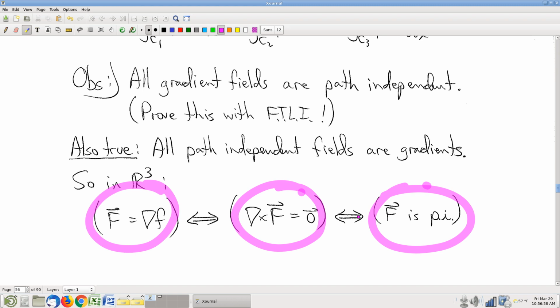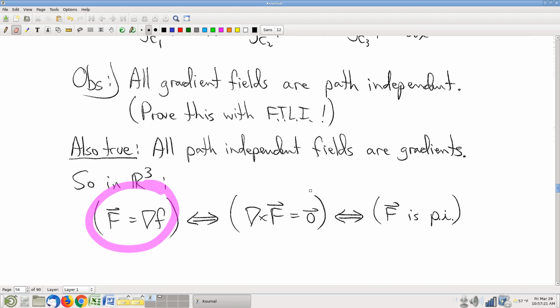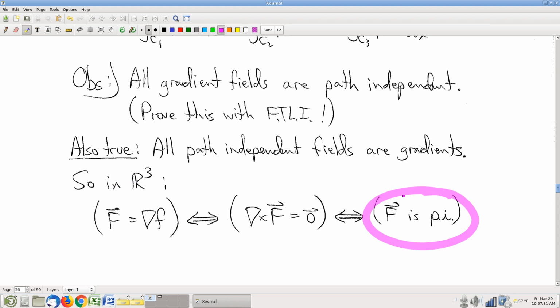The reason that we have different names that describe what are in fact the exact same fields is that we're not describing this specific collection of fields. We're describing a property that they have. So what we have here is really a collection of fields that satisfy 3 very different properties. Right? So the property of a vector field being a gradient of something, algebraically, that's a very different property than the property of path independence.